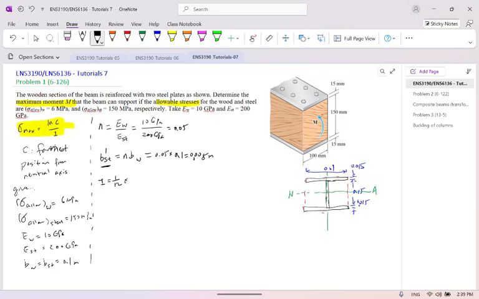So b times the width times the height, the height is like this way, cubic, minus 0.1 minus 0.005 h cubic. So of course we can get this is equal to 21.88 times 10 to the -6 meter to the 4.